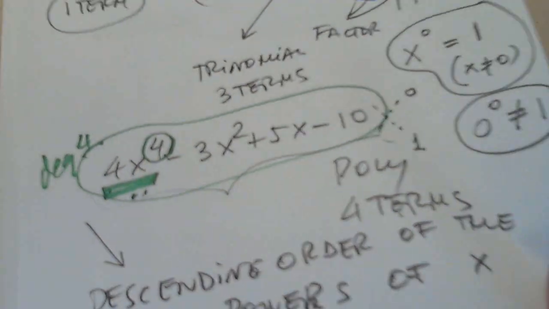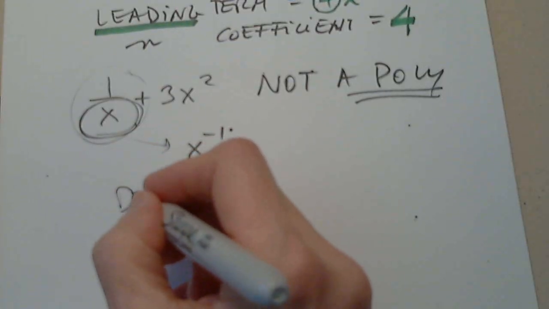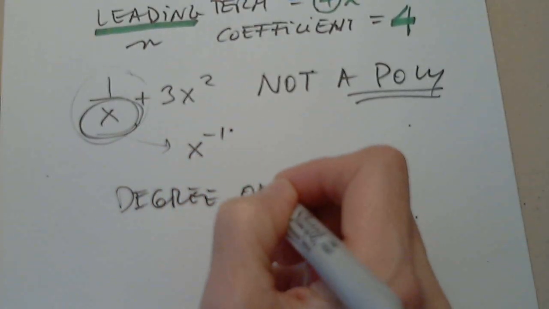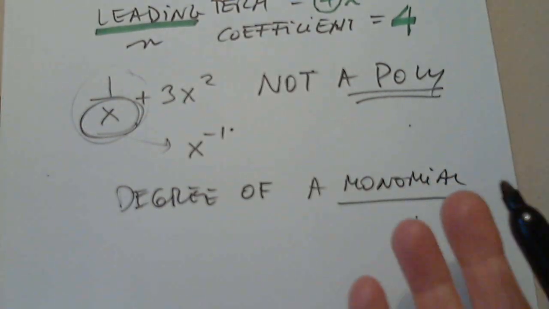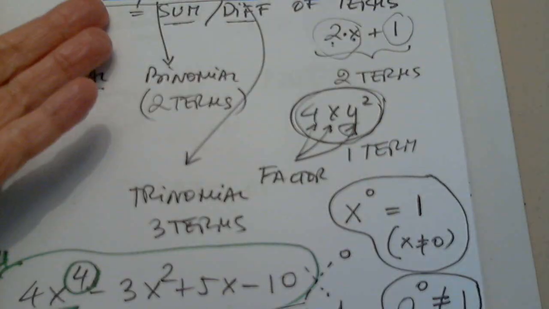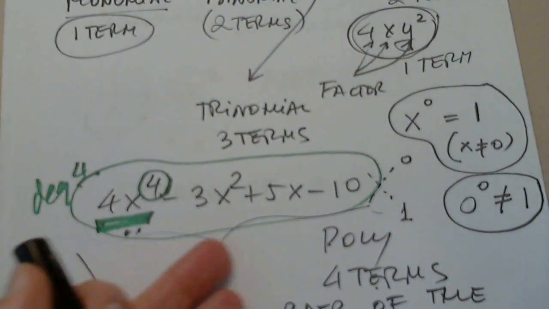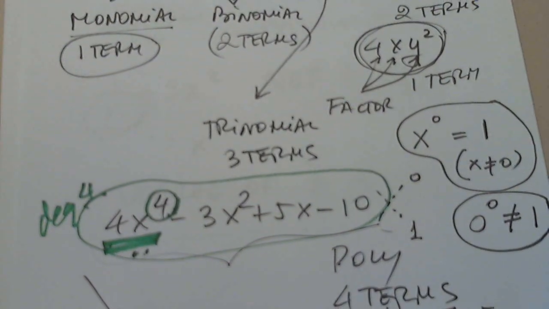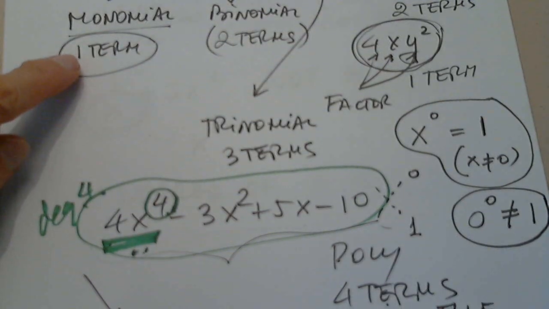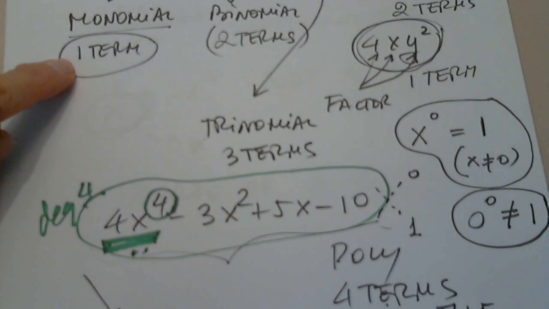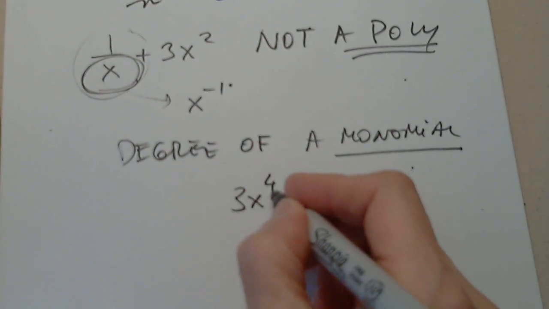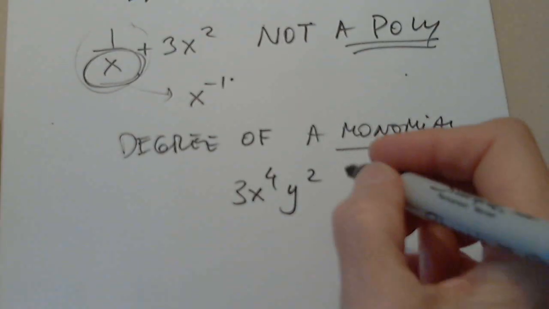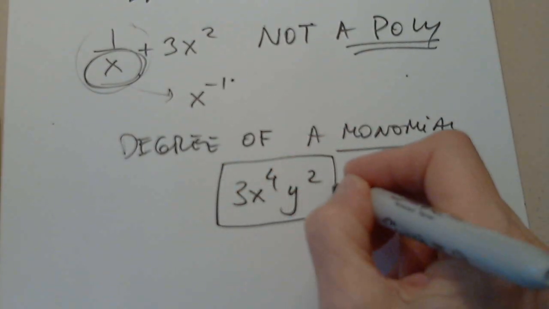Good. So again, we know how to determine the degree of a polynomial. But how do I determine the degree of a monomial? And you can say, but a monomial is a polynomial. You just mentioned that we know how to find the degree of polynomials. True. However, let's identify the situation that is specific to a monomial, which means if I have 3x to the 4th y squared, how do I determine the degree here?